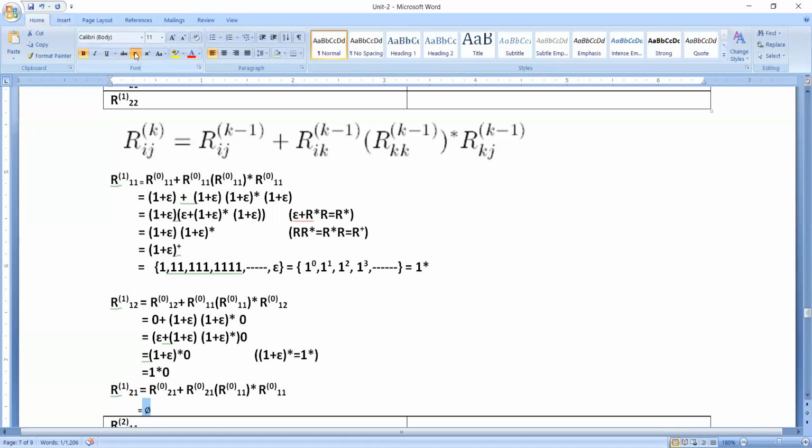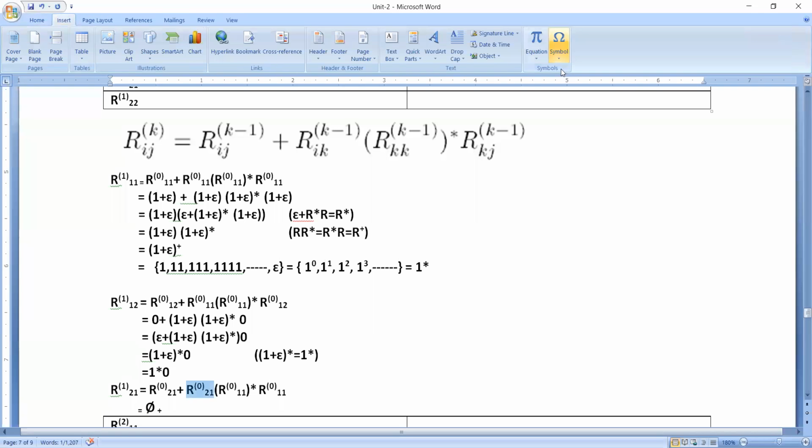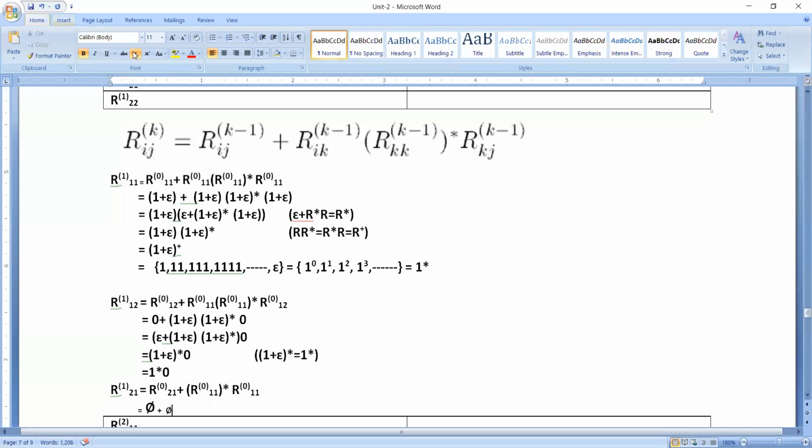So it will be 5 plus 5 plus. Now again what are we going to get? R21 power 0, again it will be 5 only.